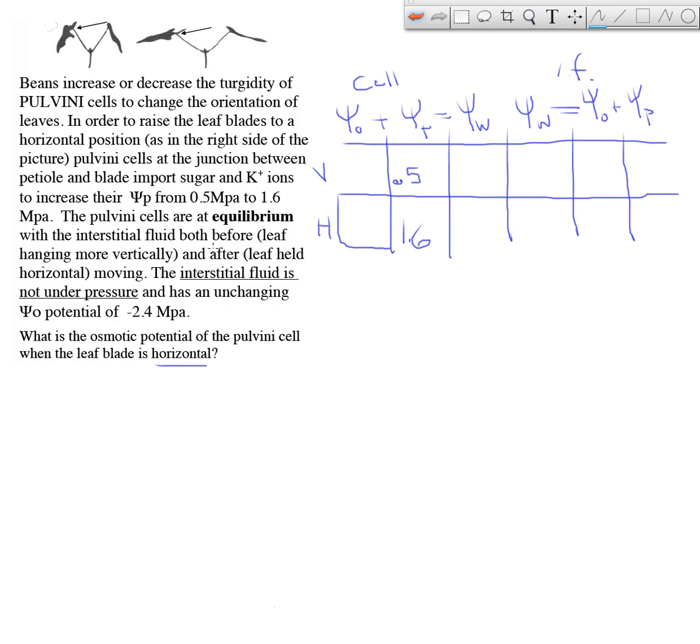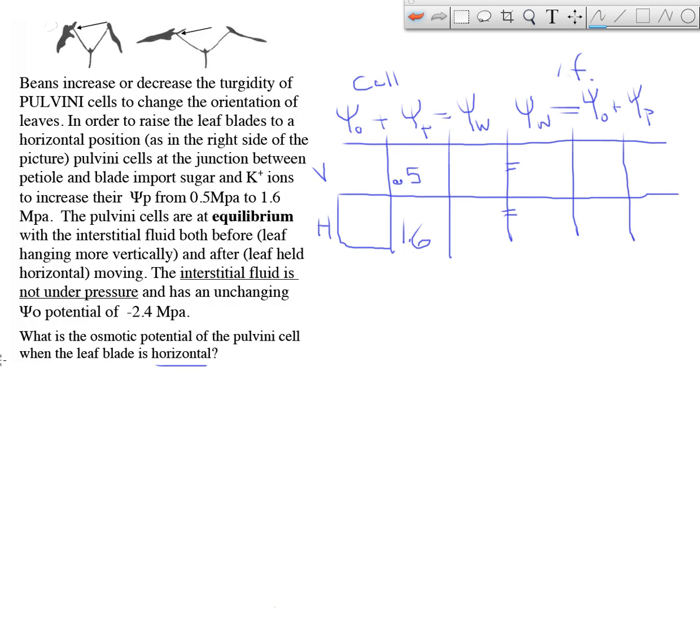If the water potential was higher in the cell than in its environment, the interstitial fluid, then water would be leaving the cell and the cell would be getting smaller. So in both of these situations, when it's held vertically and when it's held horizontally, you know that the water potential inside the cell and in the interstitial fluid is equal.